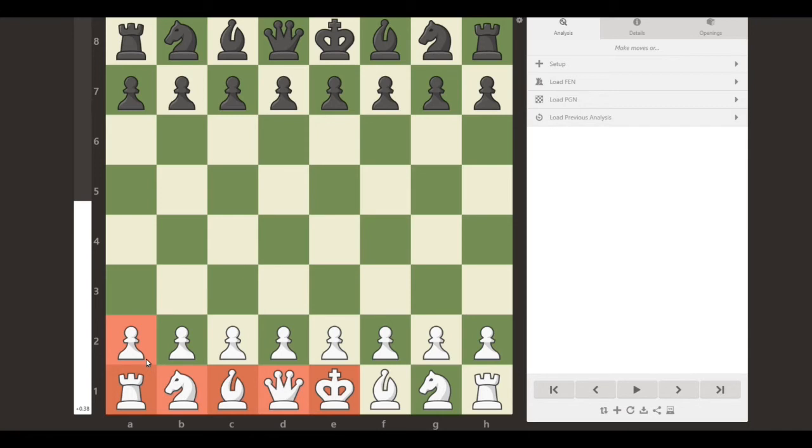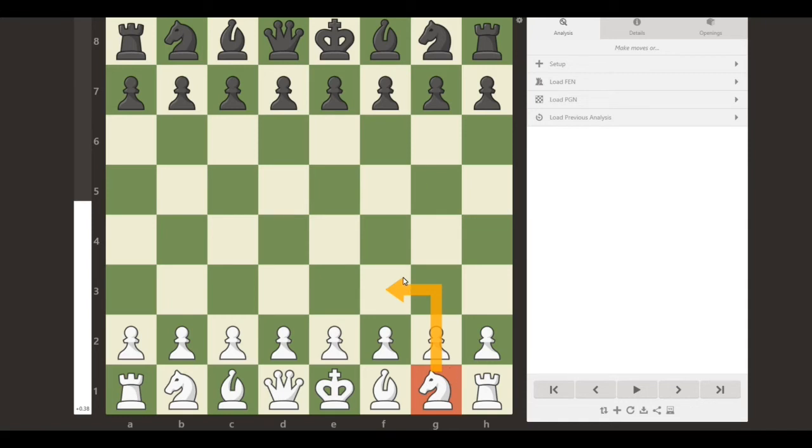With these code letters in mind, we can record moves. When a piece moves, we first write the piece's code letter and then attach the square that the piece moved to. So for example, if the knight decided to move here, we would first write the code letter, which is a capital N, and then attach the square that the piece moved to.